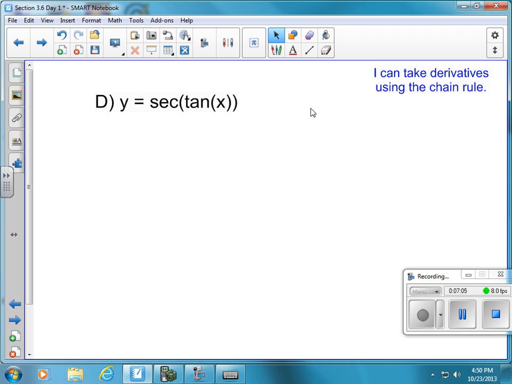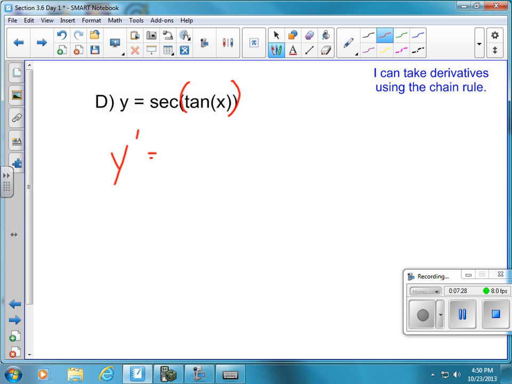Okay, last example. This is an outside function of secant and an inside function of tangent. So always identify what's your outside function, what's your inside function. This one is a little bit tricky, but not really. That outside function is secant.